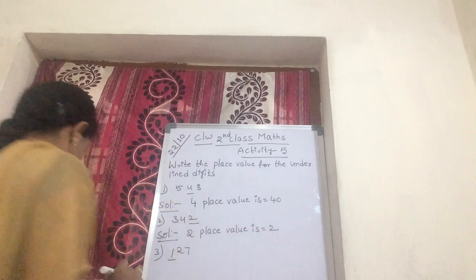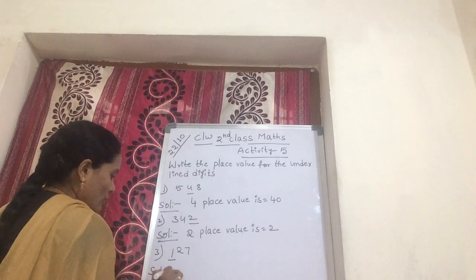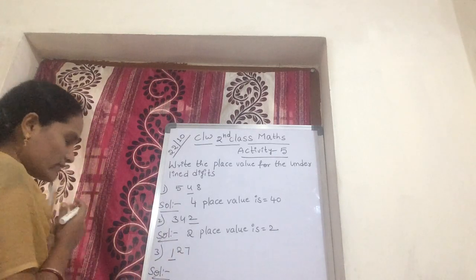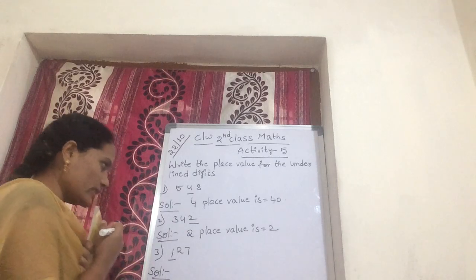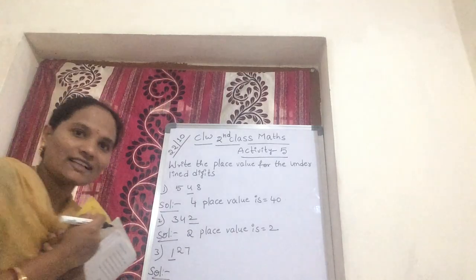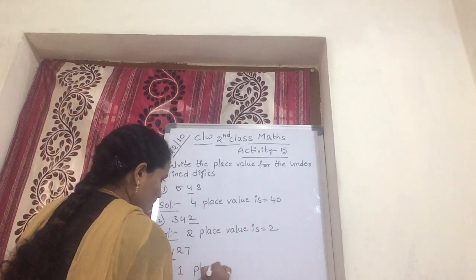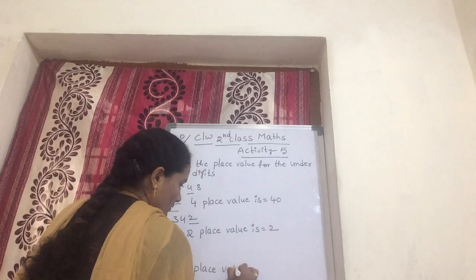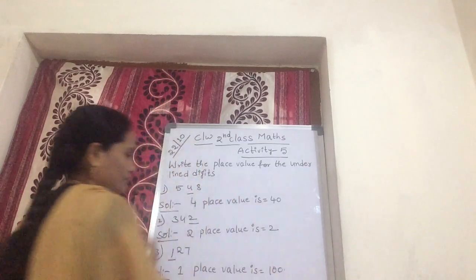127. Where is it underlined? In 1. So what is the place value of 1? This 1 is in the hundreds place, so its place value is 100.